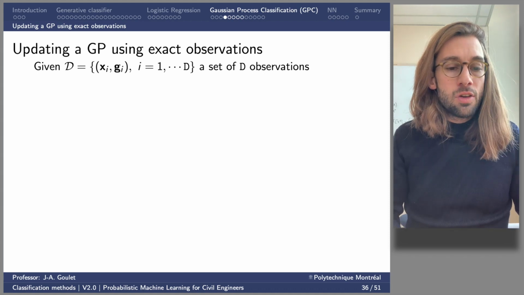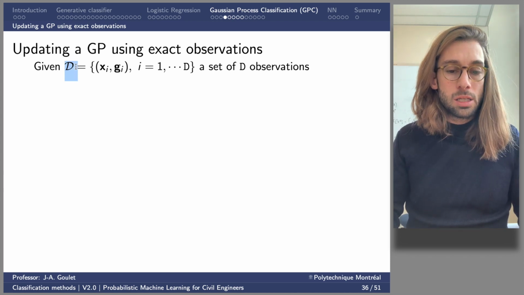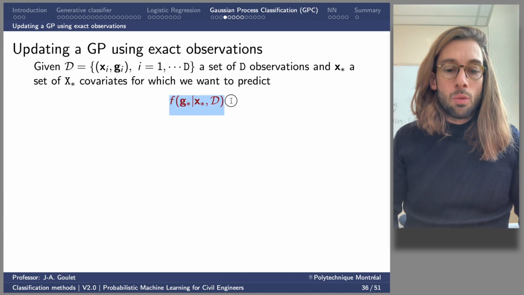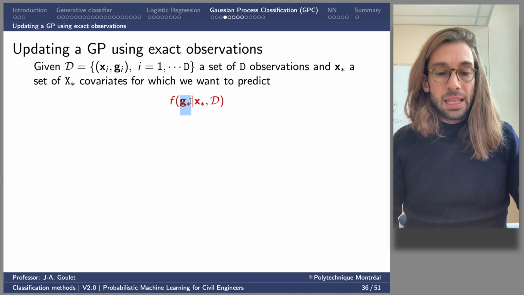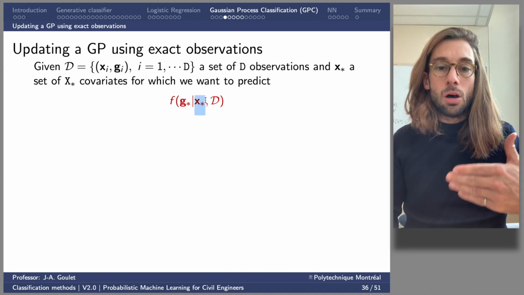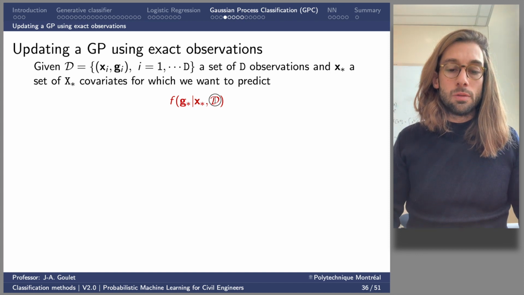Given D, our set of covariates and associated system response, what we want to obtain is that posterior knowledge. We want to be able to predict the system response at any location x star, any location that is not observed, given the data that we've observed.